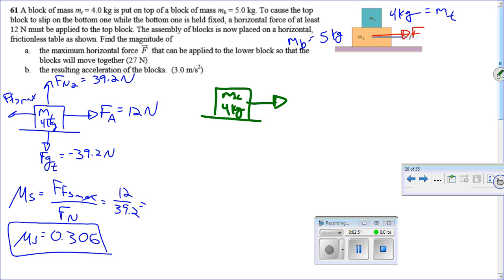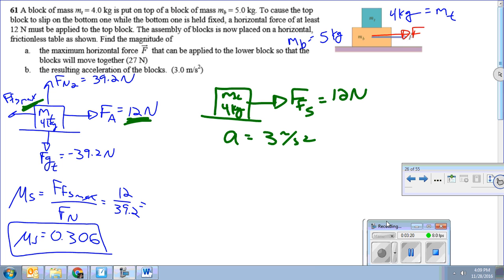So the most force that I can possibly apply to prevent the blocks from sliding is 12 newtons, because that was my maximum static friction. And so that would make the top block accelerate at 3 meters per second squared, just 12 divided by 4 kilograms. So now the question is, how much force do we need to apply to the lower block to get that same acceleration? Well, let's see.